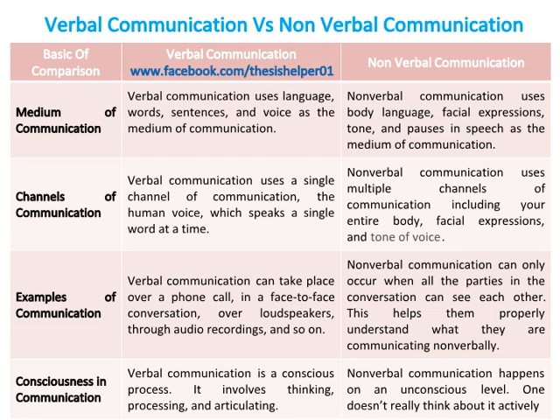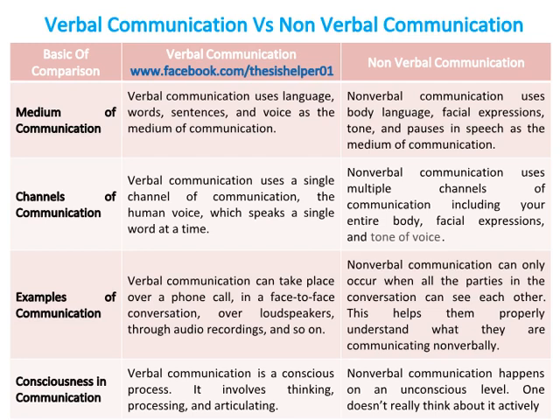Channels of communication. Verbal communication uses a single channel of communication, the human voice, which speaks a single word at a time. Non-verbal communication uses multiple channels of communication including your entire body, facial expressions, and tone of voice. Examples of communication.